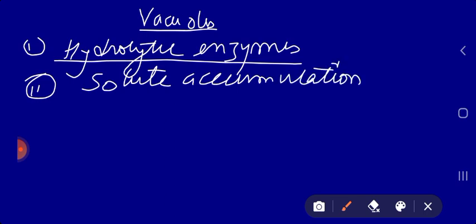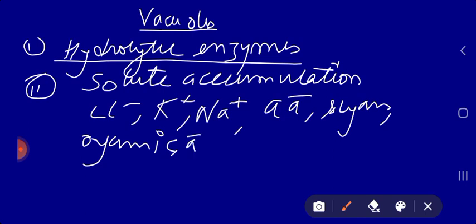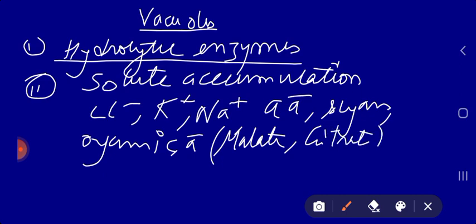The solutes accumulated include chlorine, potassium, sodium, then some amino acids, some sugars, and some organic acids like malate, citrate, and secondary metabolites are accumulated by the vacuole.